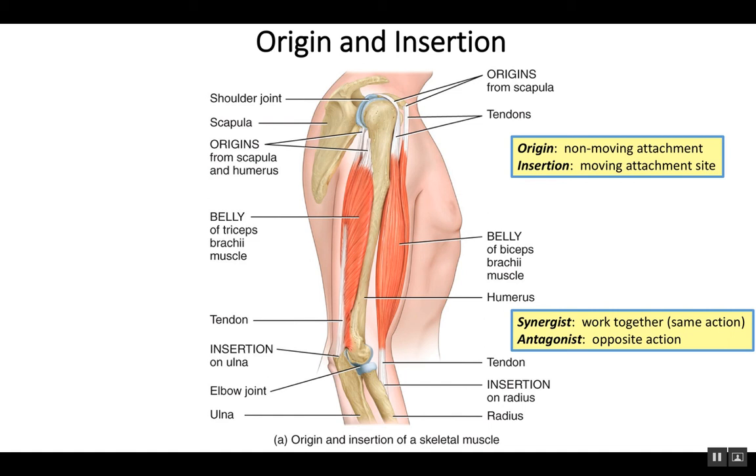So if you just practice flexing and extending your elbow, you can feel that when you flex, your bicep contracts and your tricep relaxes. When you extend, your triceps contracts and your bicep relaxes. So your biceps brachii and your triceps brachii are known as antagonistic muscles. They do opposite actions.